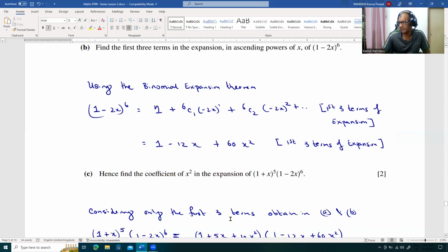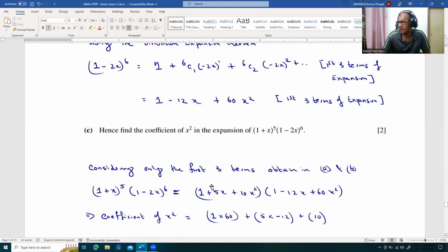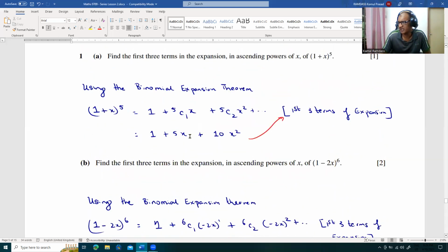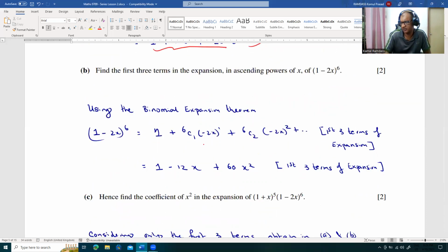OK? Deuxième partie. OK? Troisième partie, hence find the coefficient of x squared in the expansion 1 plus x to the power of 5 times 1 minus 2x to the power of 6. Et là, on prend ça de là, cette expression-là, multiply by this expression, et parce que nous avons considéré x squared, OK?